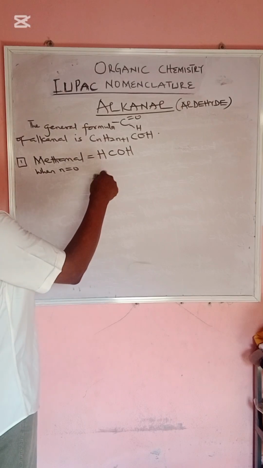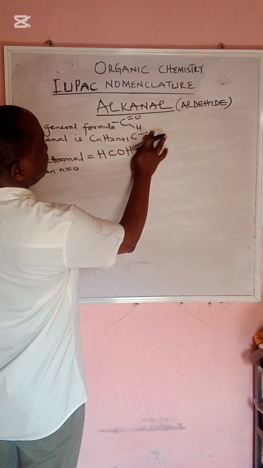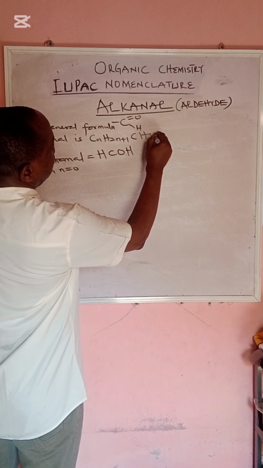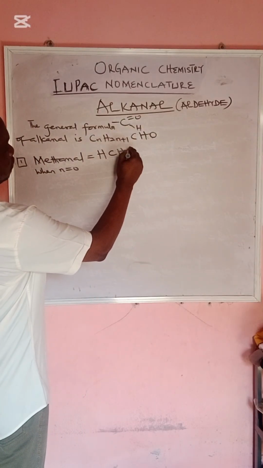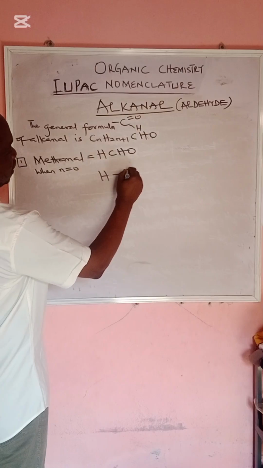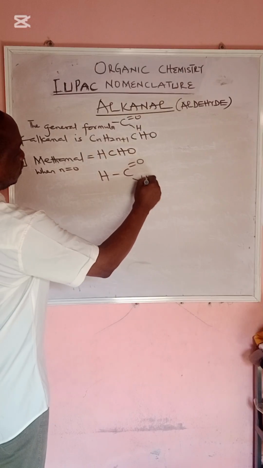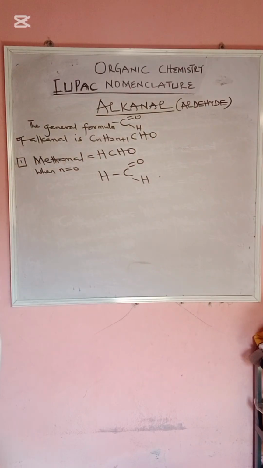So it is written out as CHO. I prefer CHO. So this is written out as C, O, then H. CHO, that's the functional group.